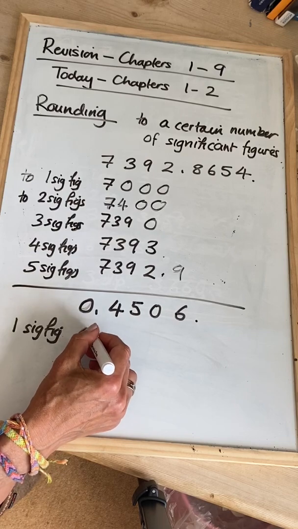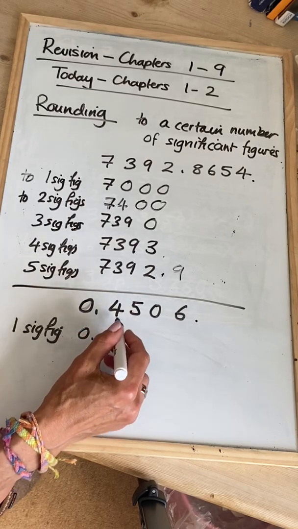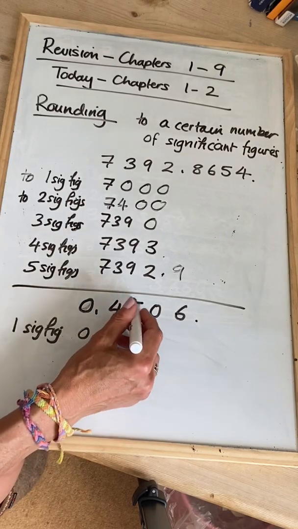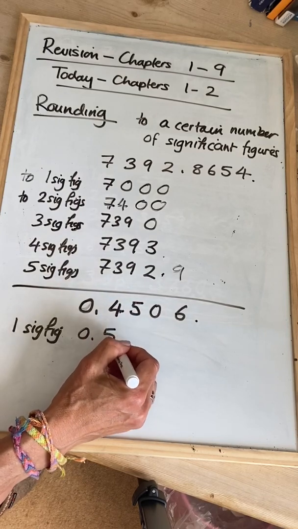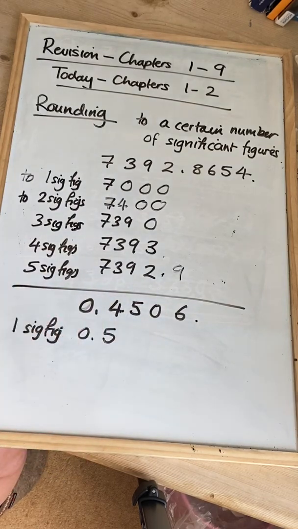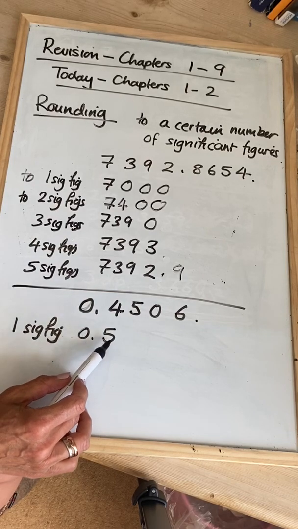So I go to the first non-zero number, which is the 4. I take a look at the next digit, and the next digit is a 5, therefore I round it up. So I've given one significant figure.